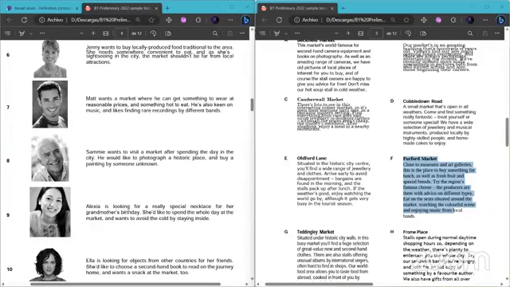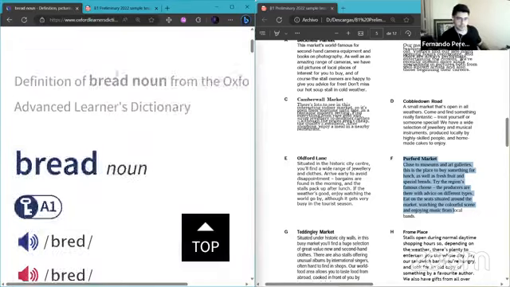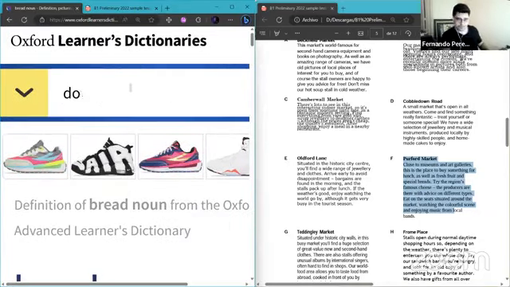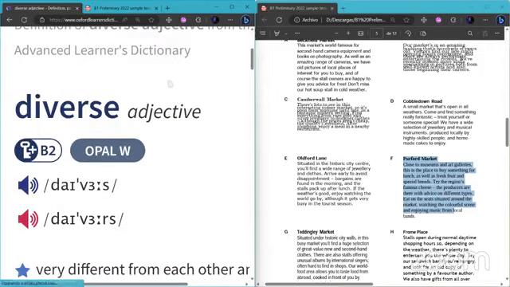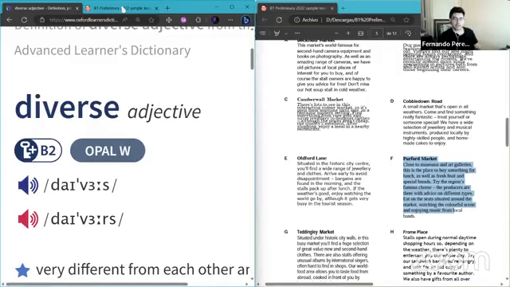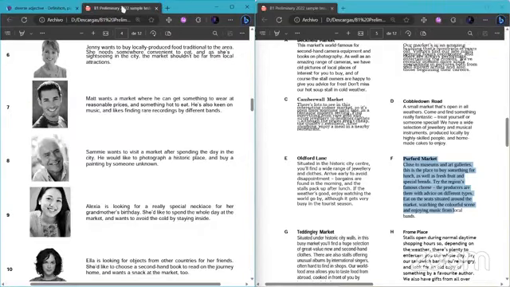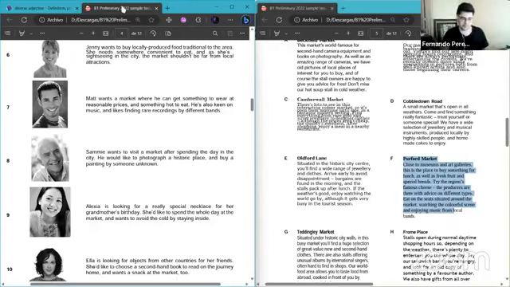Pronunciation: diverse. Exactly. So what does he want? He is looking for diverse recordings of music. And he's looking for diverse music or diverse recordings.